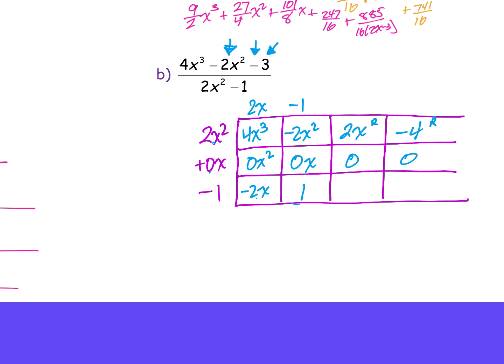And here's my other remainder. So my answer should be 2x minus 1 plus 2x minus 4 divided by 2x squared minus 1. That's it. Done. Okay?